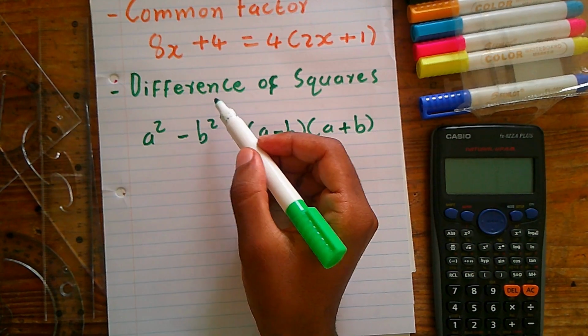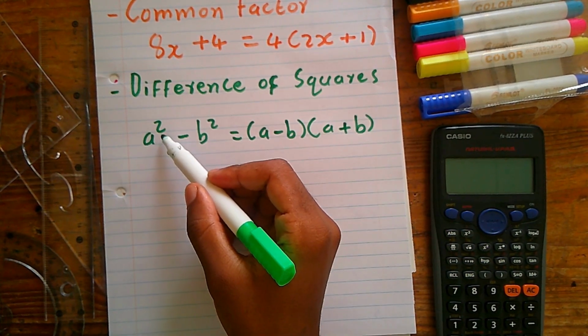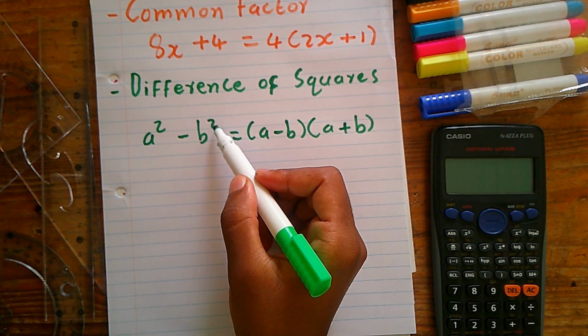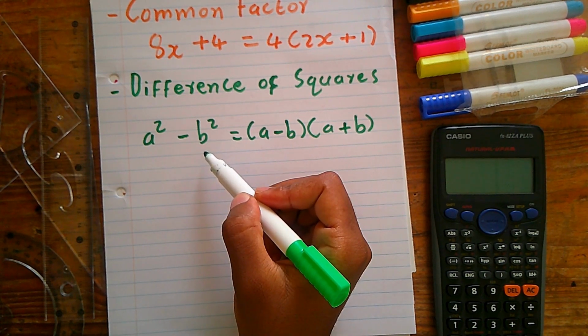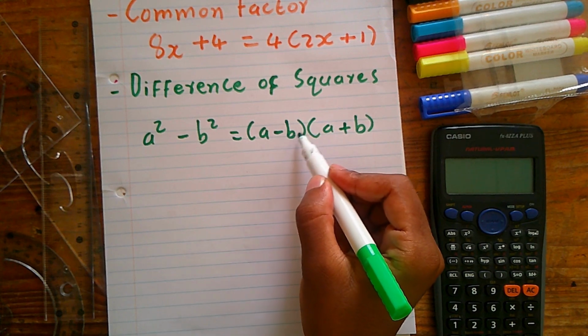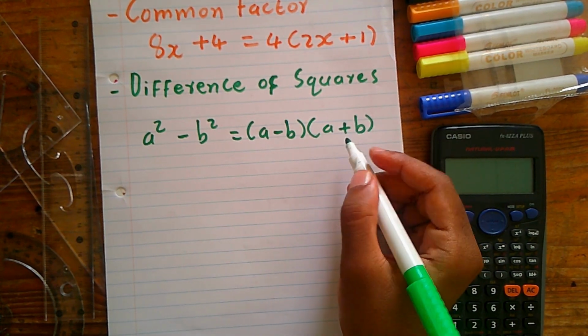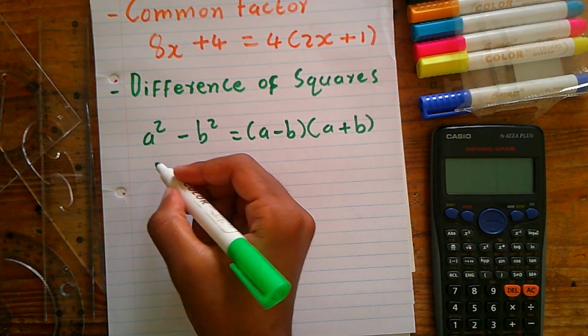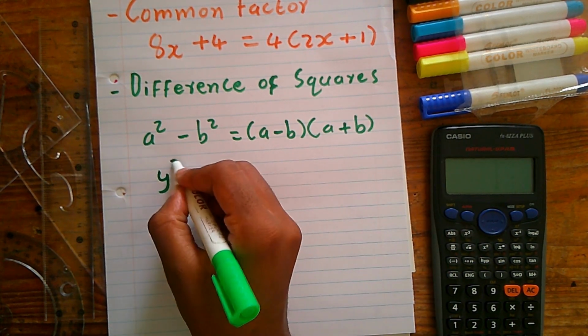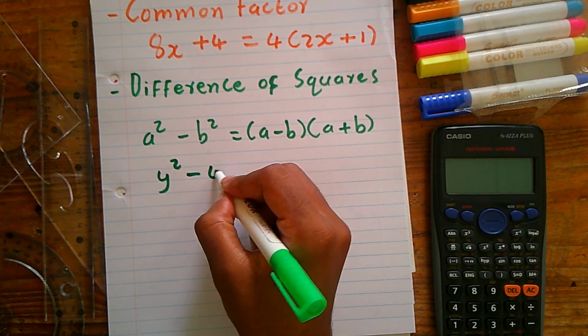Next, we have difference of squares. This is when we have a to the power of 2 minus b to the power of 2, and then we factorize it by writing it as in bracket a minus b close bracket, in bracket a plus b. Let's take an example. Let's say we have y squared minus 4.